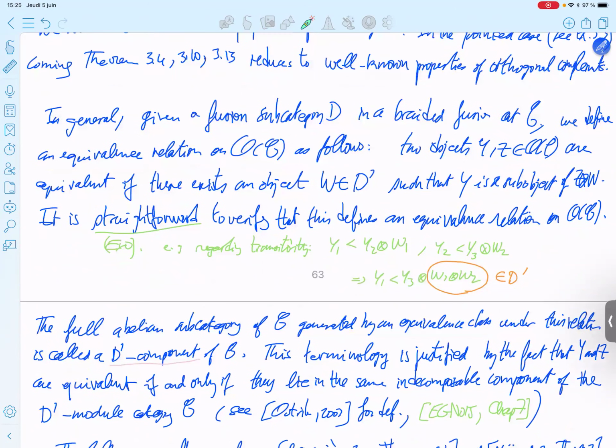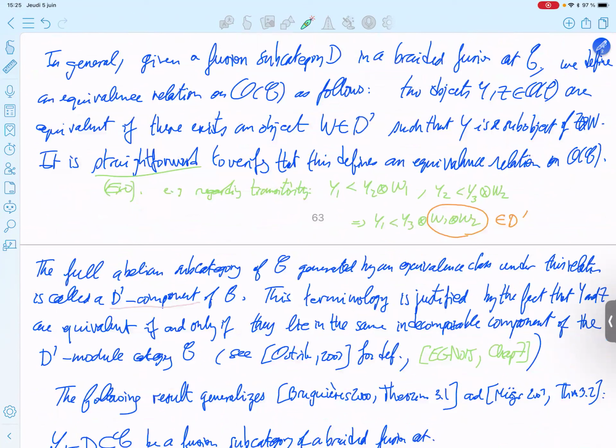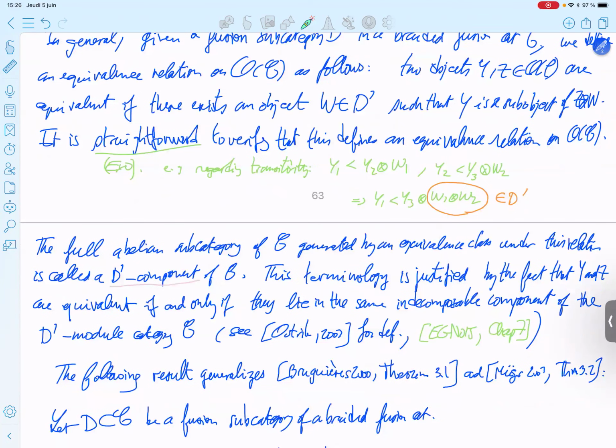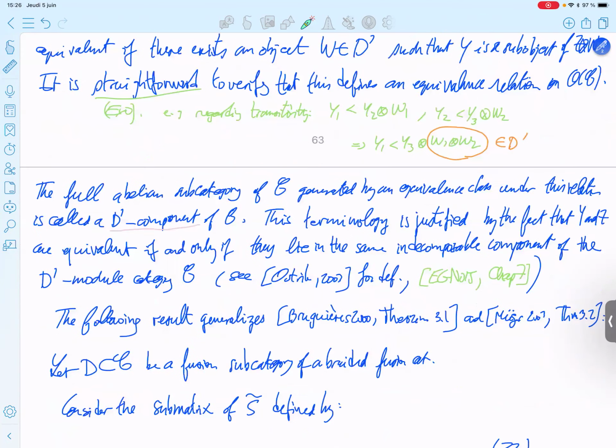Two simple objects X and Y are equivalent if there exists an object W in the centralizer of D such that Y is a subobject of X tensor W. So this defines an equivalence relation.